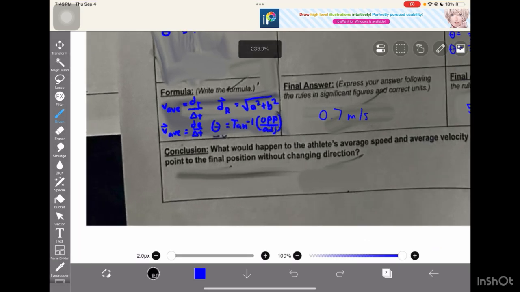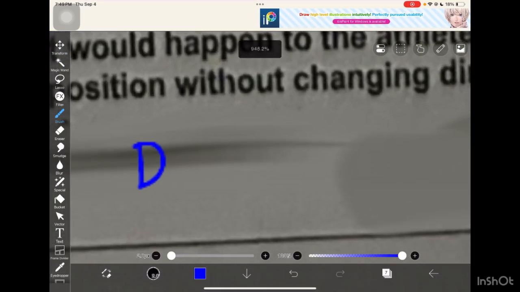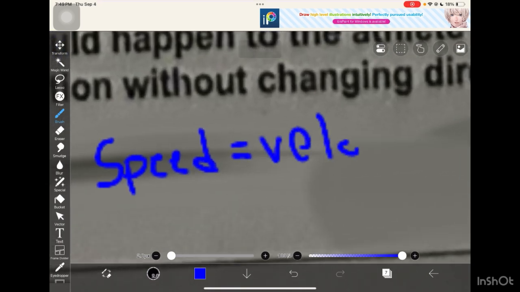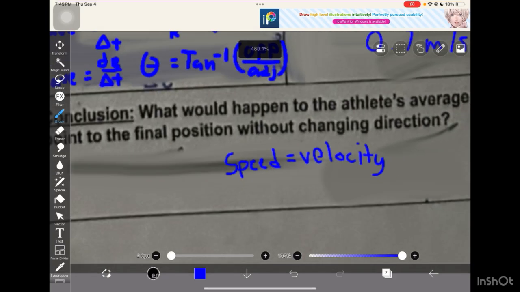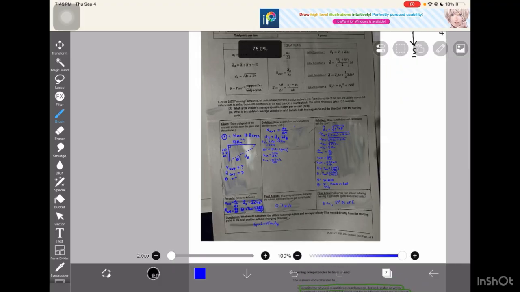So that means speed will equal velocity because the total distance and resultant displacement are the same with a constant time. So that's the correct answer. I'm not going to write that all down because it's going to take a while, but I hope you get it. Alright, so you can take a screenshot of this one.